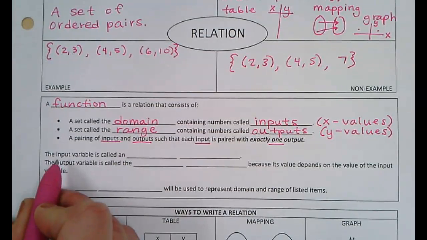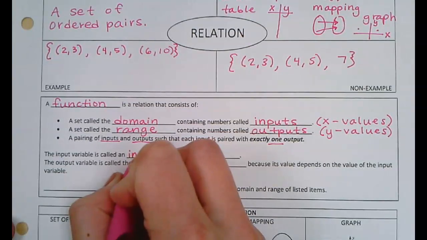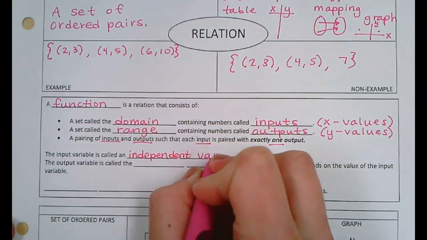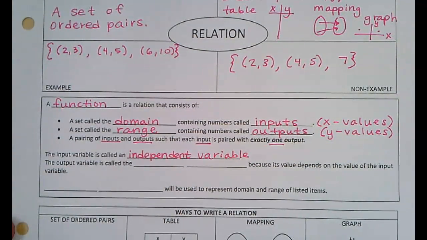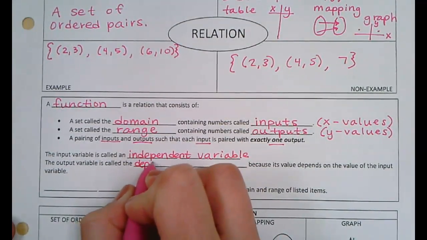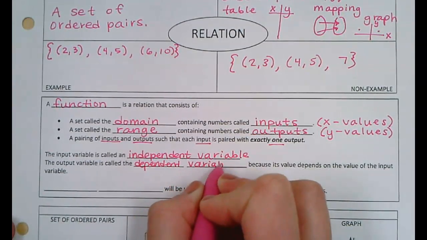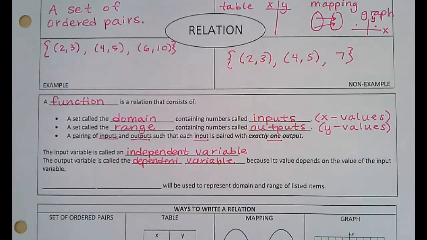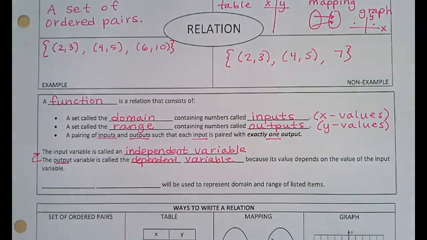The input variable is also called an independent variable. And the output variable is called the dependent variable, because its value depends on the value of the input variable. So this output here depends on what that input was.